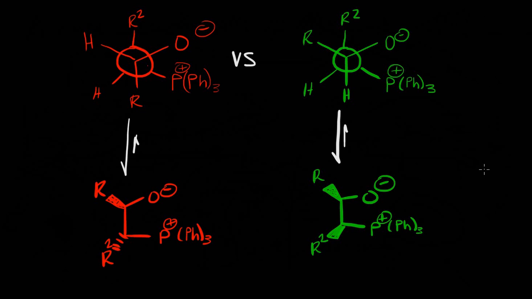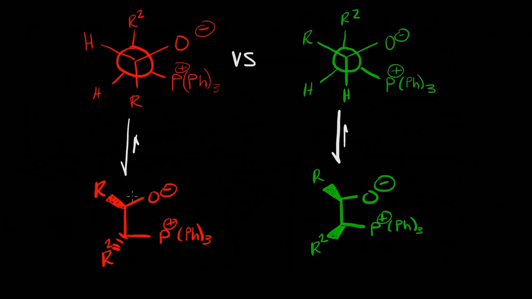So in the red here, I've done a Fischer diagram where I've shown our betaine, where we have a trans, where our R group is opposite from our second R group, and over in green we have it actually being cis, where the R groups are on the same side.